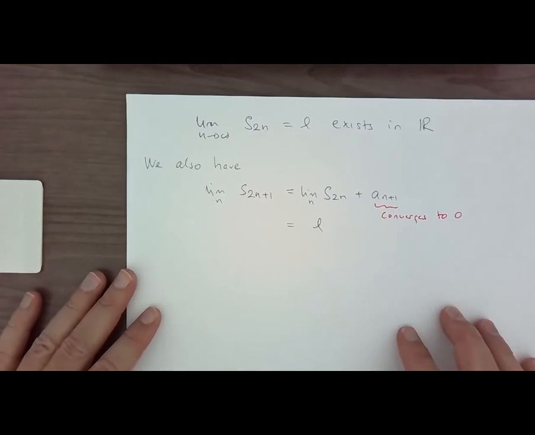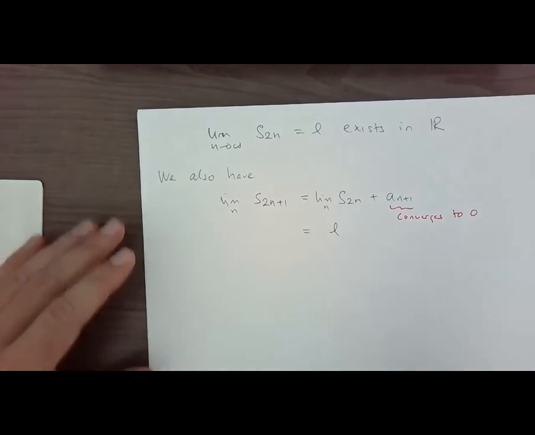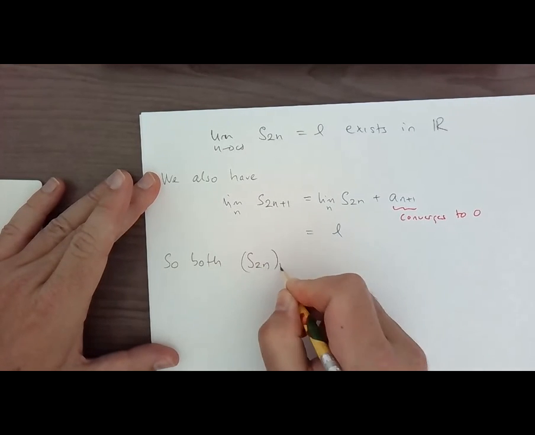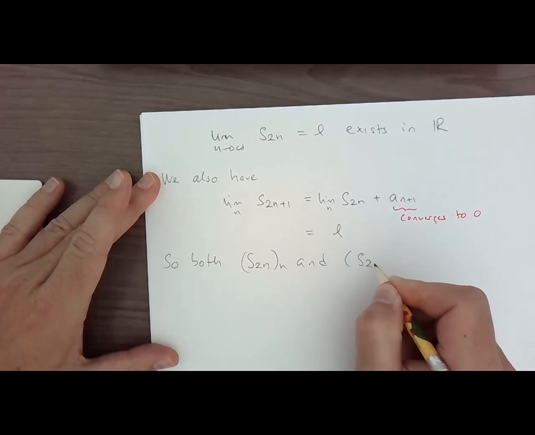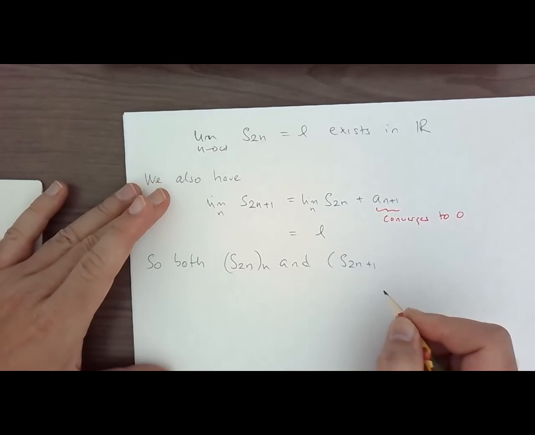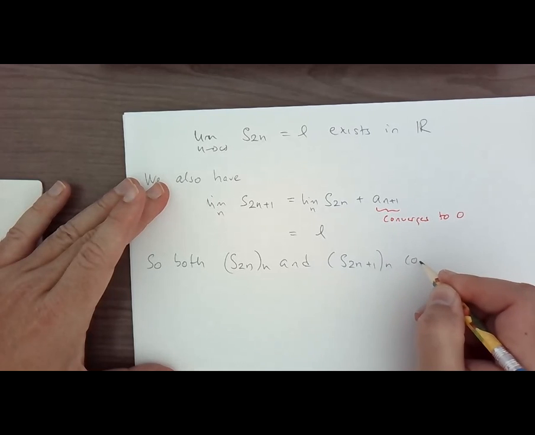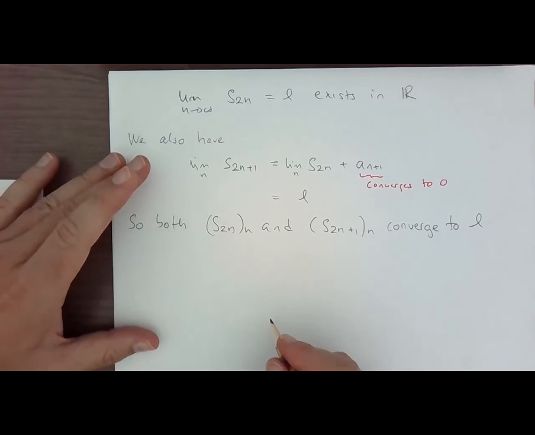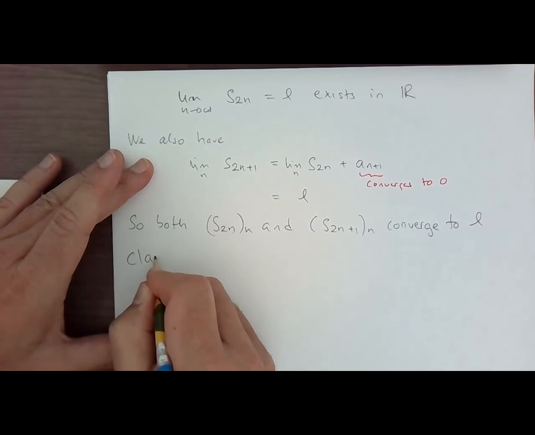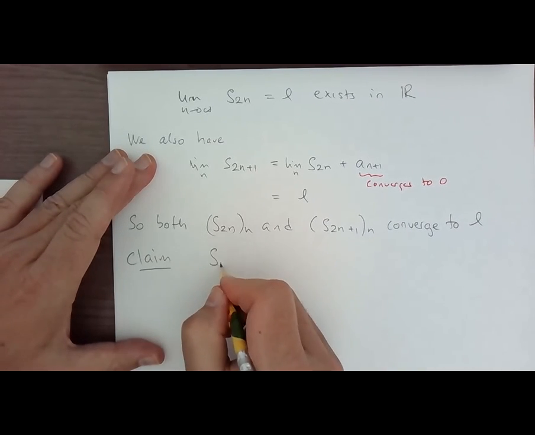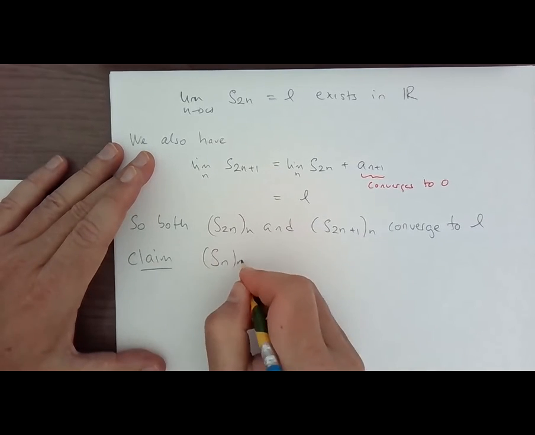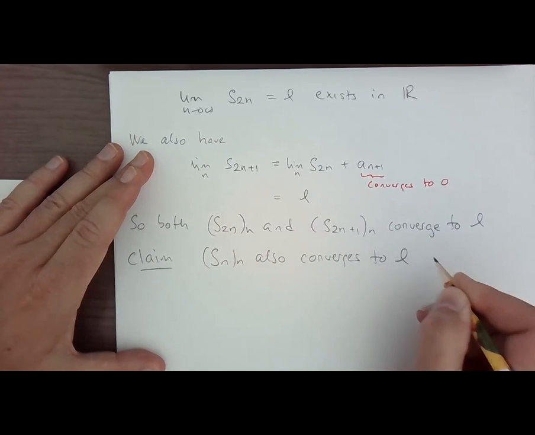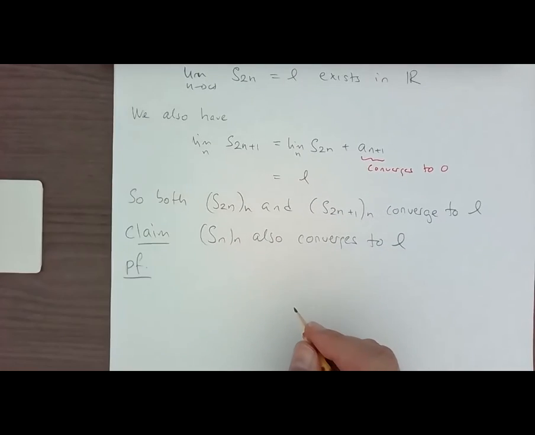So I now have this property that both S2n and S2n plus 1 converge to L. Now the claim is that Sn also converges to L. And the proof of this claim is not too difficult.